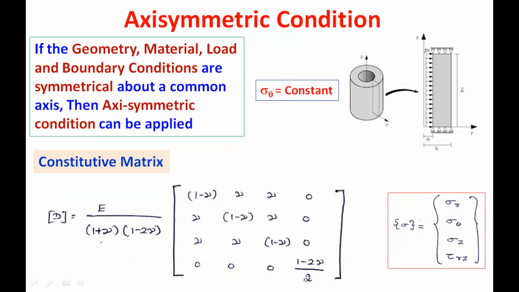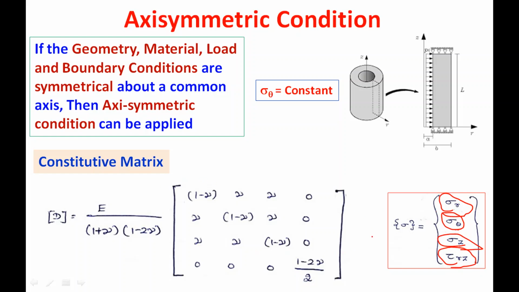And the axisymmetric condition is slightly different from these previous two conditions. Here we are going to evaluate three normal stresses: radial stress, hoop stress, axial stress, and the shear stress along the RZ plane.